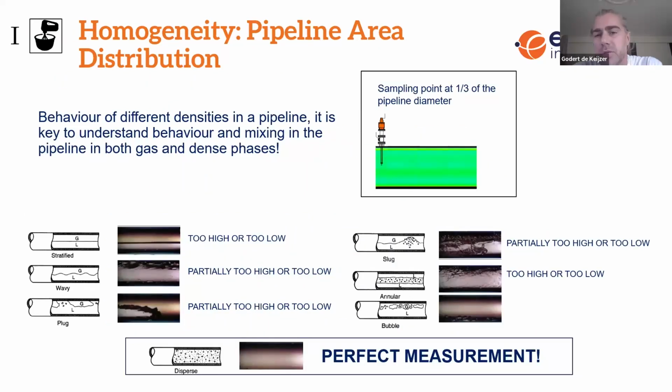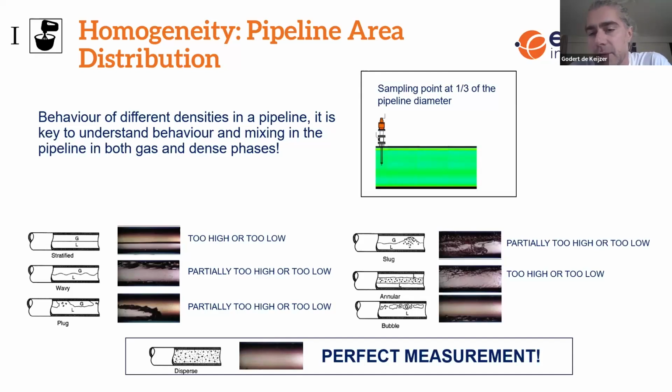So we start with homogeneity. If you look to the ISO or API standards, a sampling point should be at 1/3 of the diameter of your pipeline. And you see that nicely illustrated to the right. So that means at that specific point, through time, you want to make sure that that specific point is representative of the entire stream.